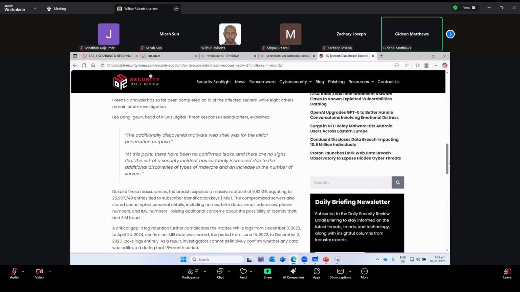So the availability of information with regard to the SIM data is no longer accessible due to the security issue. All right, yes, that could be a valid point.